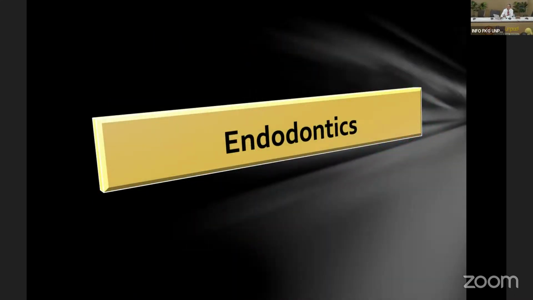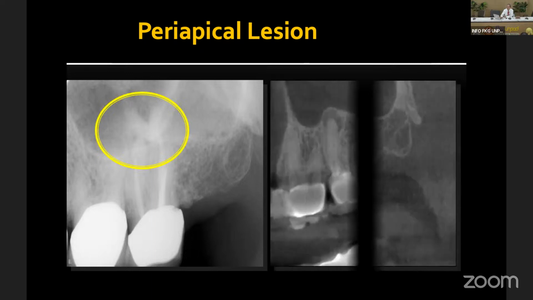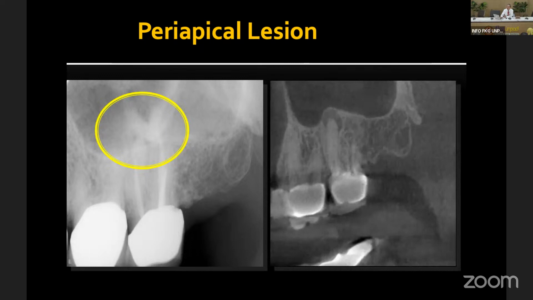So that's for implants. For endodontic treatment planning, that's also very useful. We see the endo lesion on the periapical radiograph, but some endo lesions we may not be able to see on the periapical radiograph. For example, in this case the root is superimposed over the zygomatic process of the maxilla, and you don't see the apical lesion, but with the cone beam, you can see the lesion clearly.